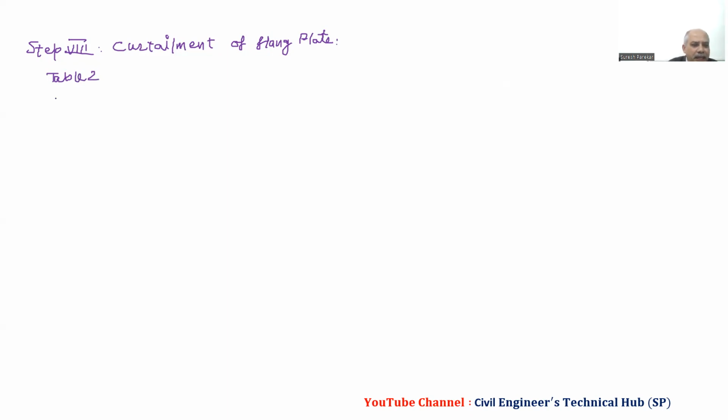And that is b upon tf. So we have b upon tf, and that is 13.6 for semi-compact. This is for welded section. And now b in this case, we have 400 minus 10.